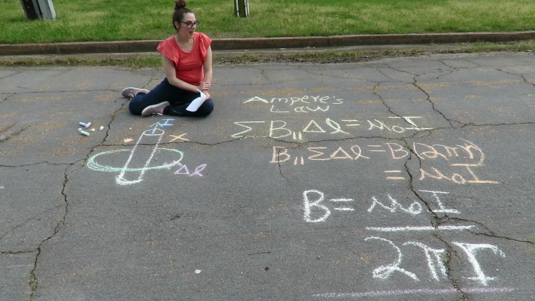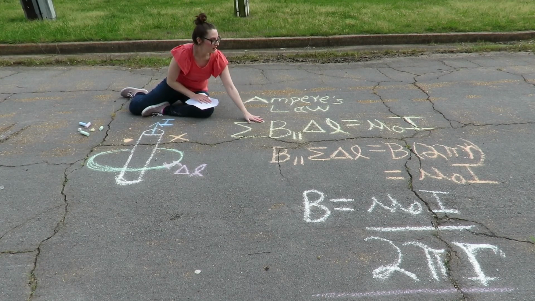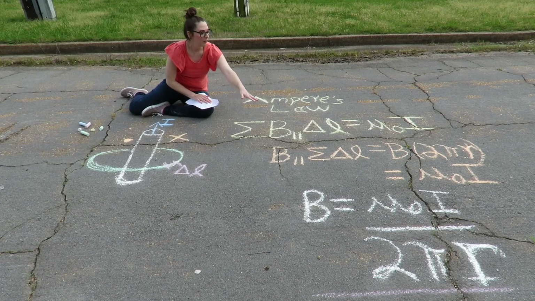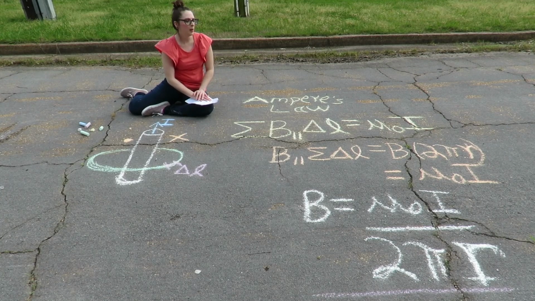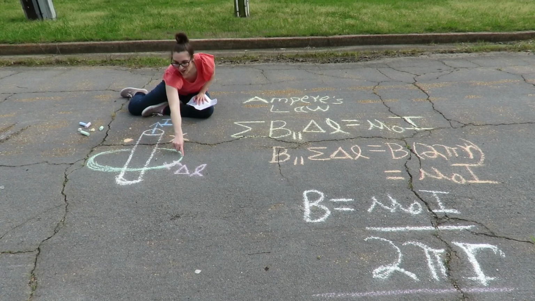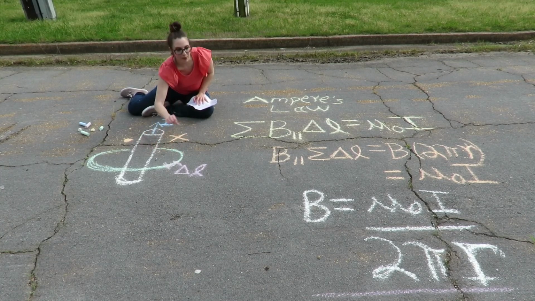So the sum of B parallel times delta L equals B times the circumference of a circle, 2 pi r, where r is the radius of the circle, or the distance that the edge of that circle is away from our wire.